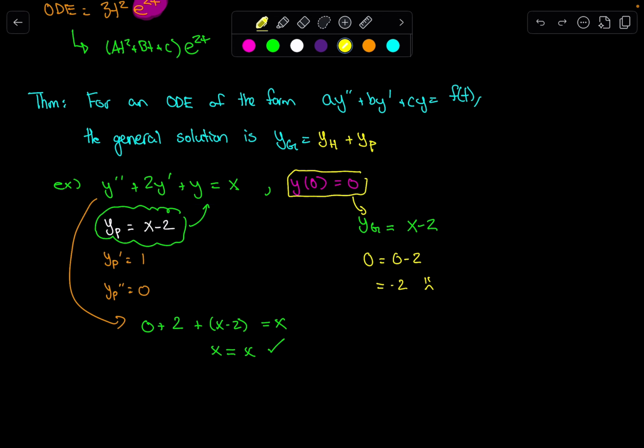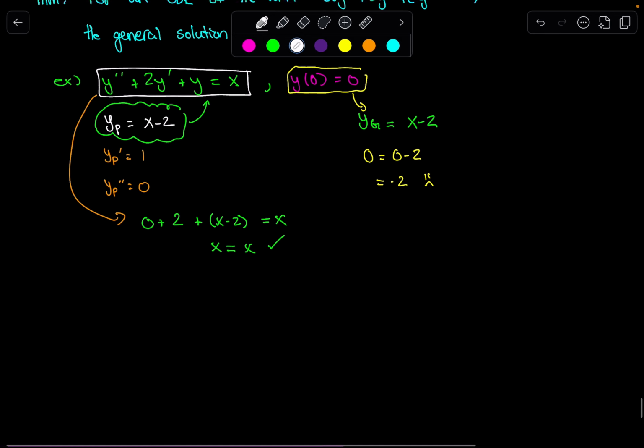And so what the order of operations should be is we should take this thing, and the first thing that we should do, so this is good advice for solving a differential equation like this in general, is step one is we should solve for y sub h first. So in this case, we get r squared plus 2r plus 1 is equal to 0.